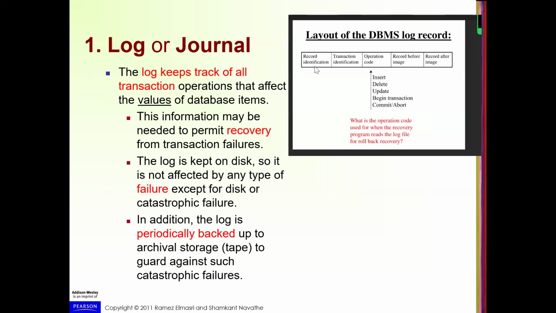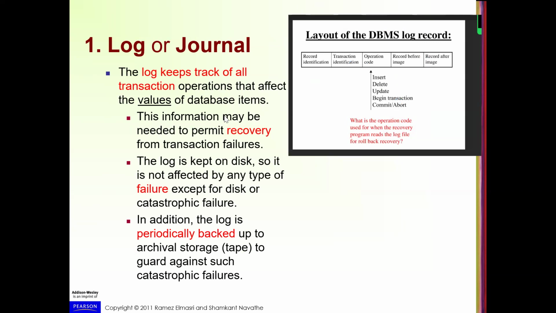It has a record identification, the transaction working on it, and an operation code. It can be insert, delete, or update, or begin transaction or abort transaction. It records the before image and the after image of the data. So the log keeps track of what transactions are running and affecting the values inside the DBMS.